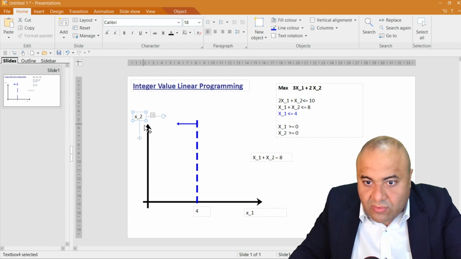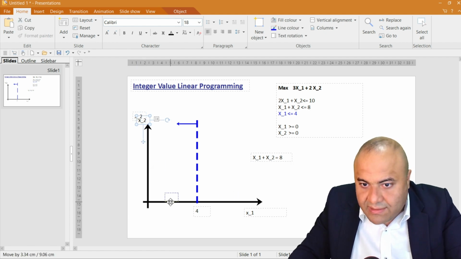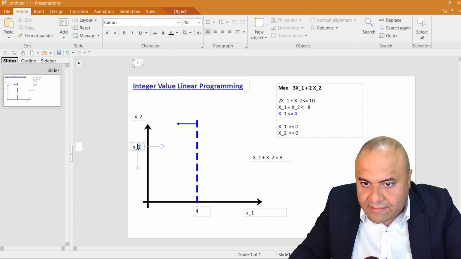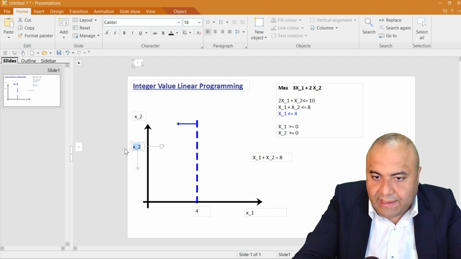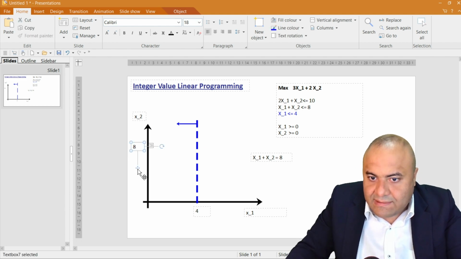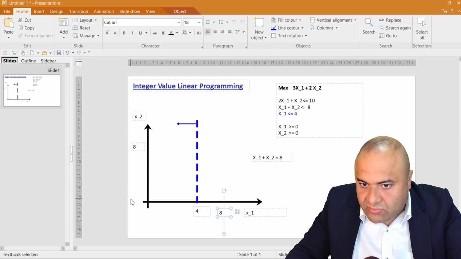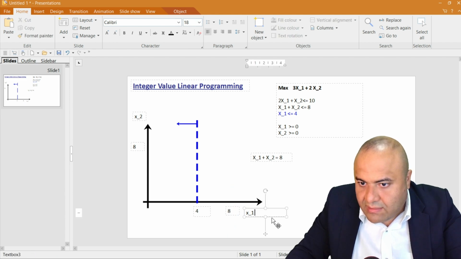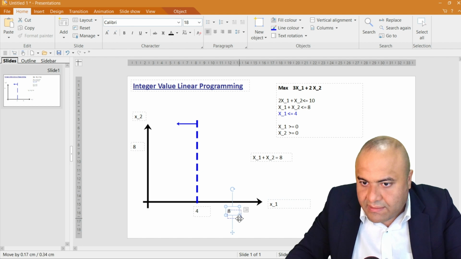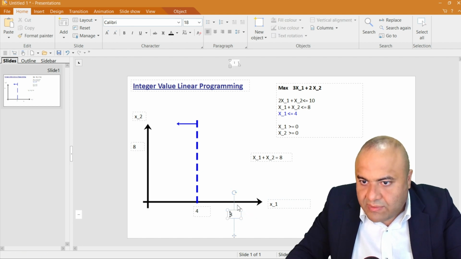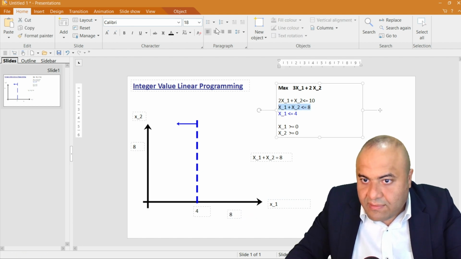So when x1 is here, x2 has to be, say, here, going to be 8. And when x2, sorry, is 0, then x1 will also be 8. So it should be somewhere in here.